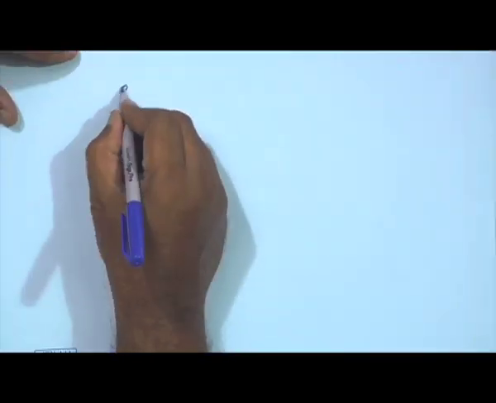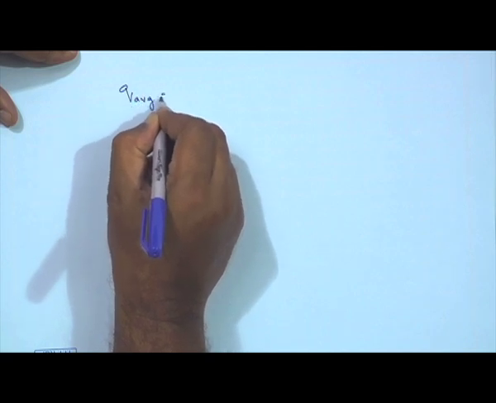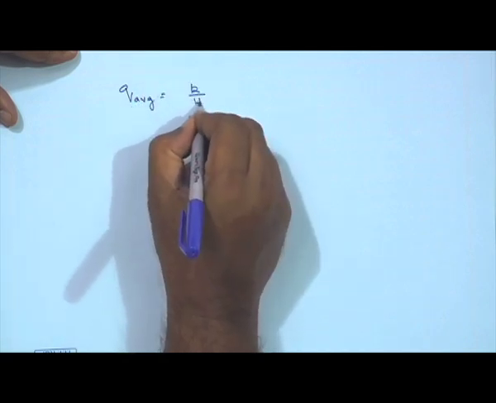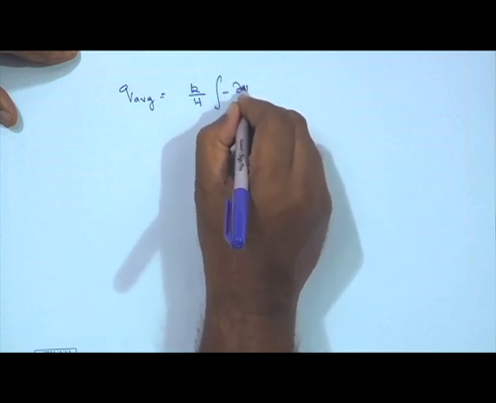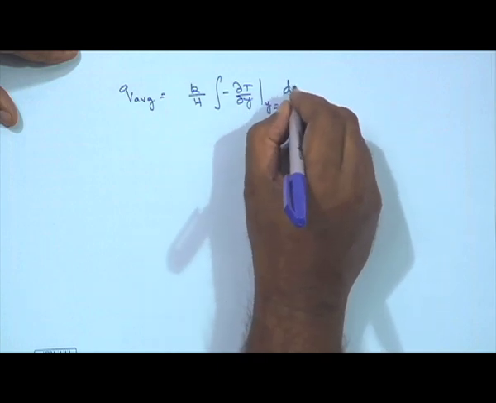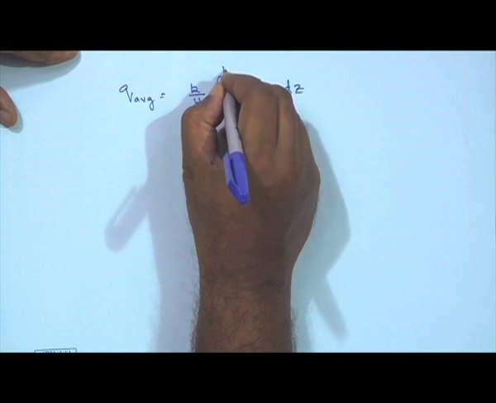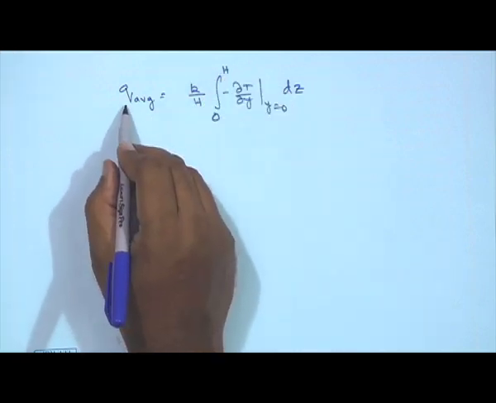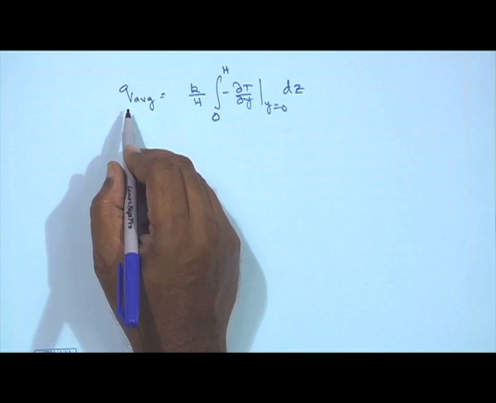So, now let us see how we can get the average heat flux, which is q average, which can simply be equal to k by h times minus del T del y at y equals 0. This is the average heat flux from the wall to the outside.